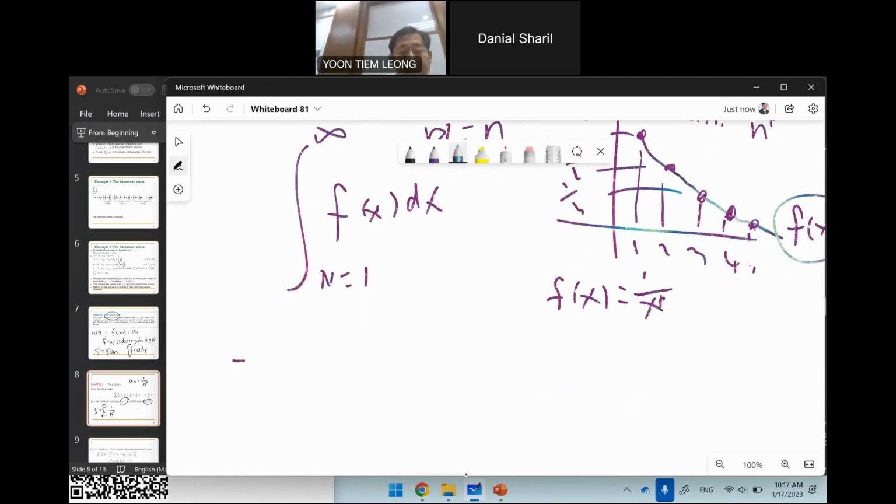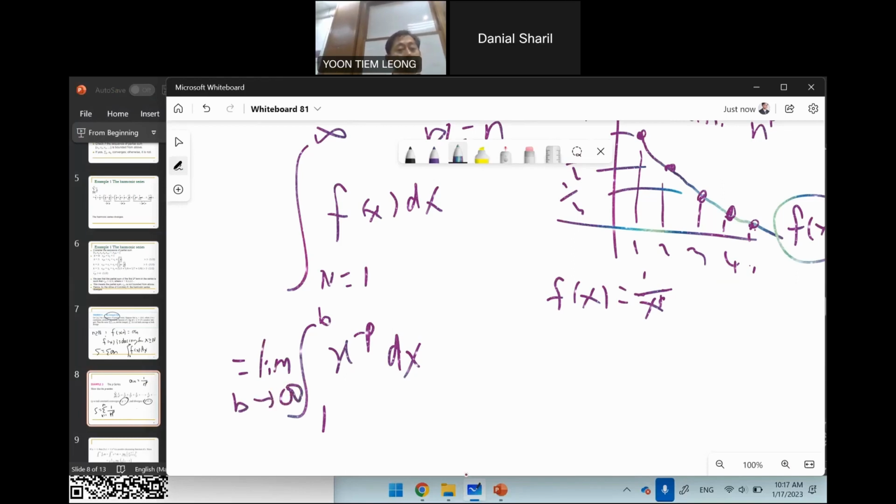So what is f(x)? f(x) is x to the power minus p, where p is a constant. Then you integrate it from 1 to infinity. But here you don't take it to infinity. You say first I integrate from 1 to b, where b is a number. After that, only then I take b to infinity.